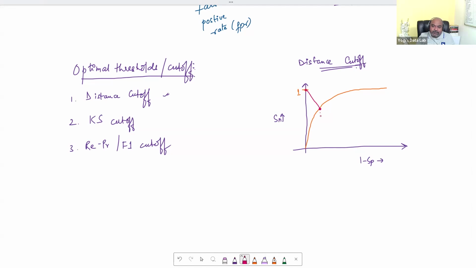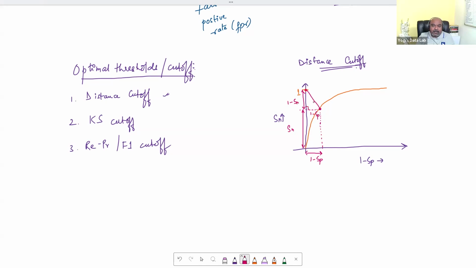So let's project it downwards. This distance is 1 minus Sp. This distance is Sn, so the remaining distance will be 1 minus Sn. Since this is 1 minus Sp, this will also be 1 minus Sp.